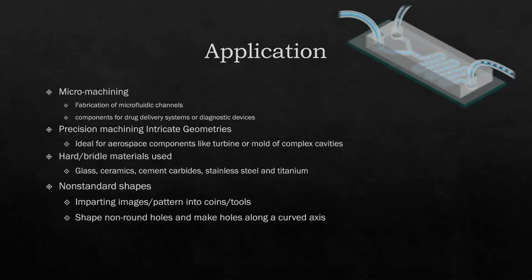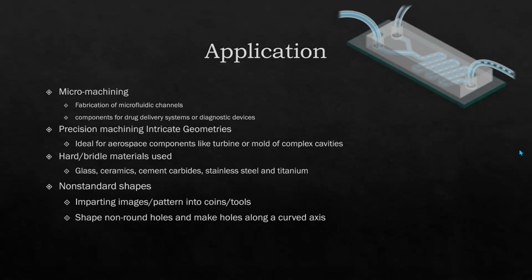And it can be used for drug delivery systems or diagnosis devices. This is usually in some types of sensors or other medical things. It can do precision machining into intricate geometries. This is ideal for things like turbine blades or molding of complex cavities.